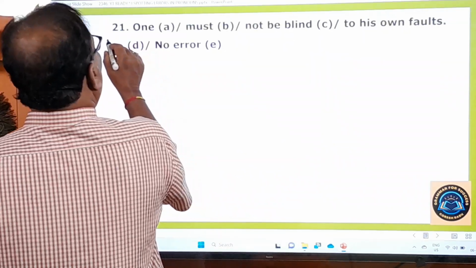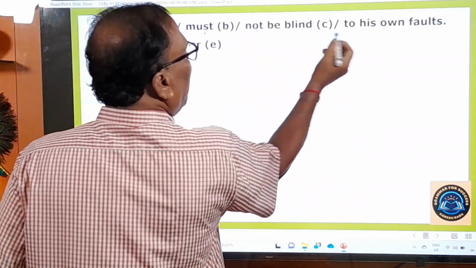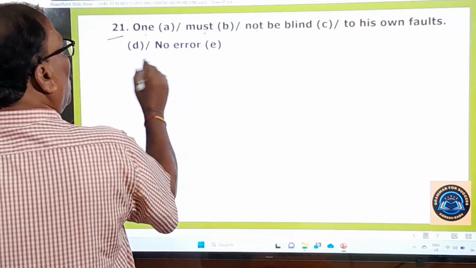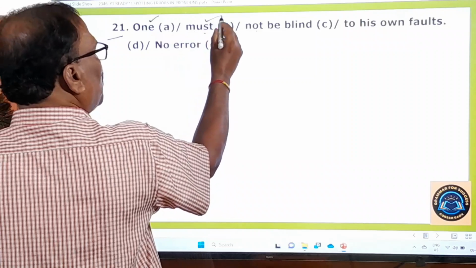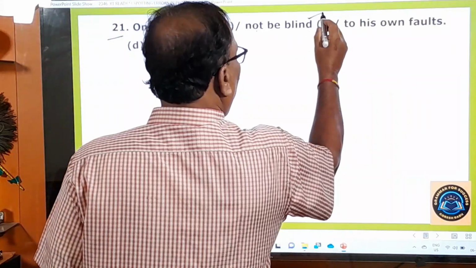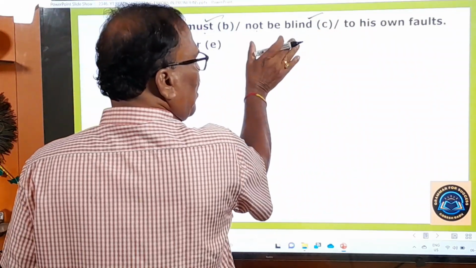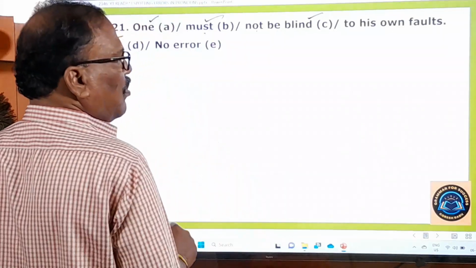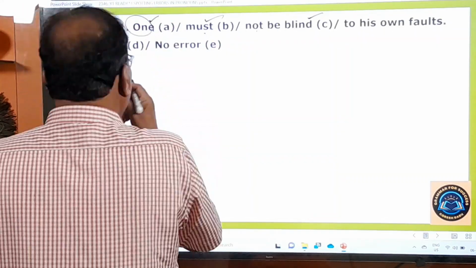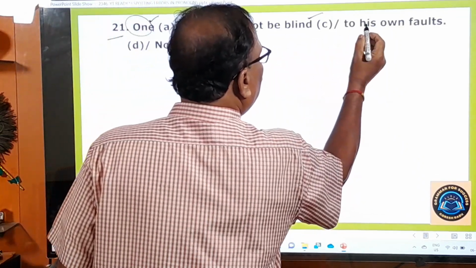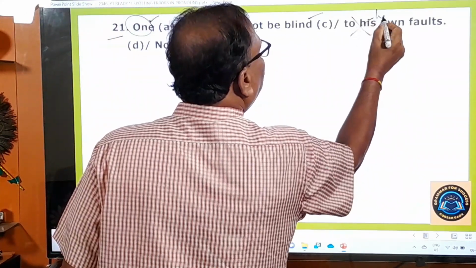Right? So 21st one: one must not be blind to his own faults. If you observe this sentence, one, must, not be blind, these three parts are okay, but this D part is not okay. Why? Because when the sentence begins with one, there must not be again in the sentence his or her.